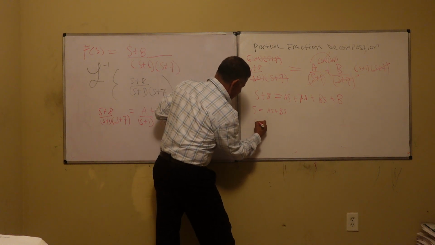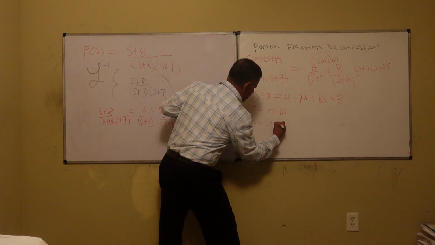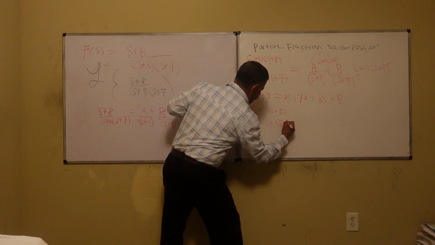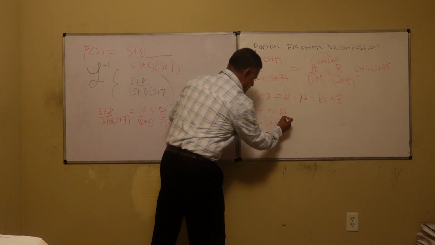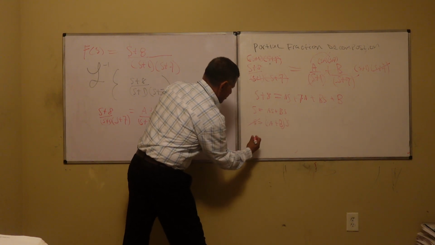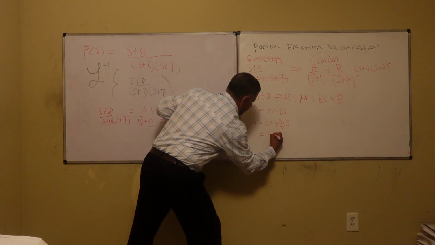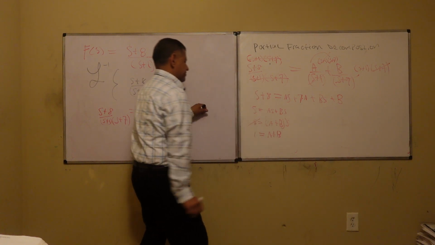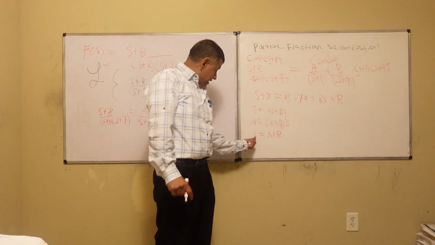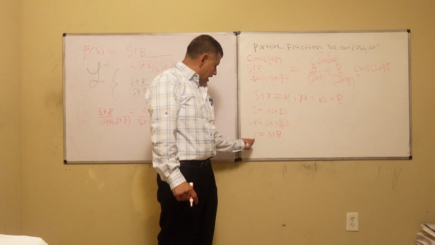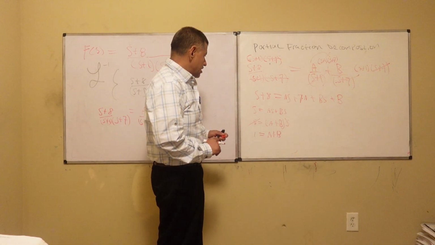Now, S is equal to A plus B, factoring out the S, and you divide that out, and you get that 1 is equal to A plus B. Now, I have one equation with 1 on this side, which is a number, much better.